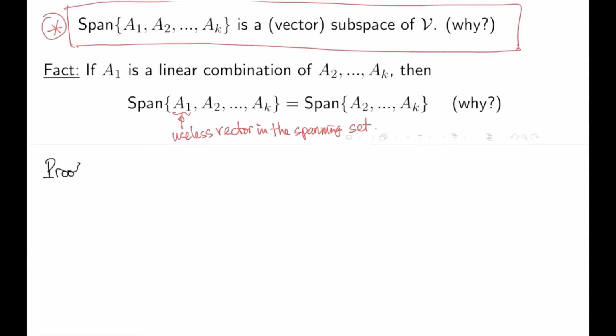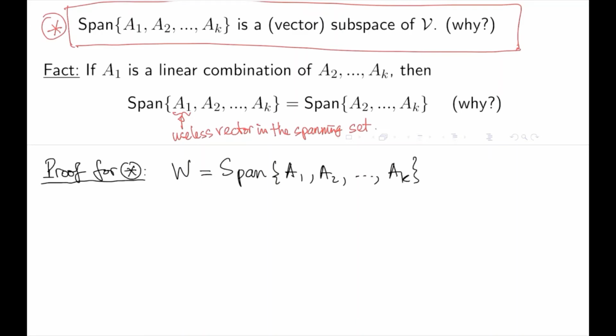Now this is going to be the proof for star. In this case, W is the span of A1, A2, dot, dot, dot, AK. All right.